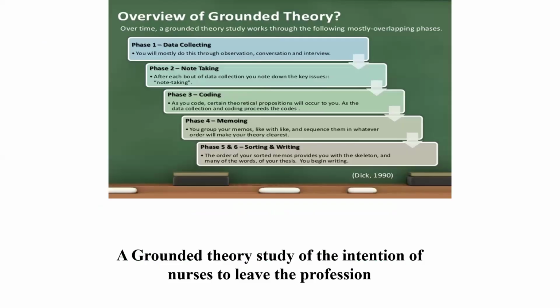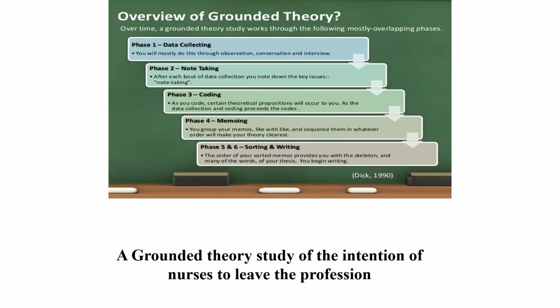So basically, even by using this, you can frame your own theory for any particular field or aspect as such. The grounded theory study of the intention of nurses to leave the profession. So here you can weigh what the intention of nurses to leave the profession is. If you are interested in this point, based on that you can collect the data, take notes, and do coding.